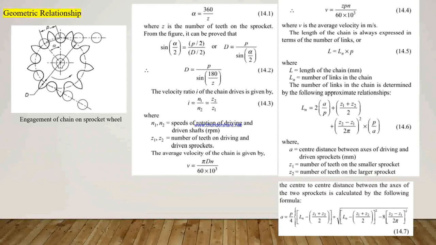Now the length of the chain is always expressed in terms of number of links, that is L = Ln x P, where L is the length of the chain in mm.